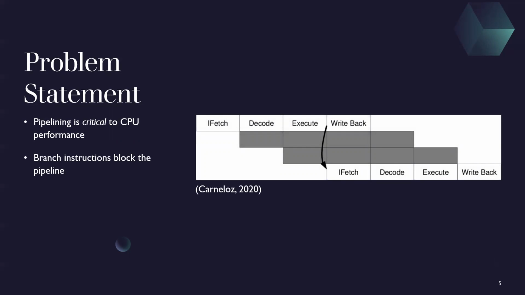This diagram is showing how if you had a branch instruction, at the execute stage of the instruction, that's when it's going to block. And basically, your pipeline is going to have to wait for that branch to compute to know what the next instruction is going to be. It's not going to be able to fetch the next instruction. Because it needs to compute the branch, it doesn't know what the next instruction will be, and that breaks the parallelism and it blocks your pipeline, which is detrimental to the CPU's performance.